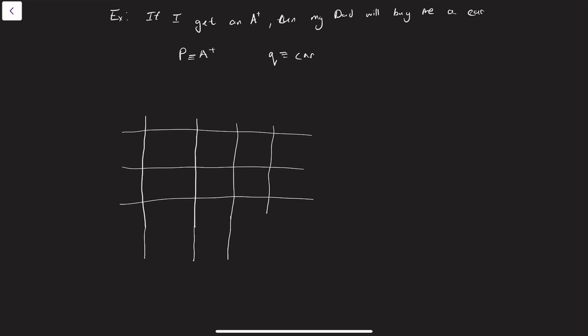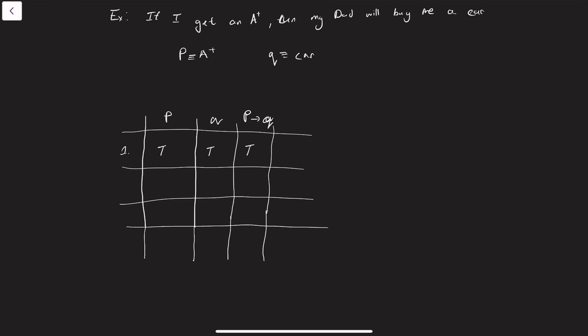So this is P, this is Q, this is P to Q. Well, in the first case, when we have P and Q true, then this case is true. Why is that? Because I got an A+, so my dad gave me a car. He held up his end of the bargain. So I got a car. So P to Q is true.